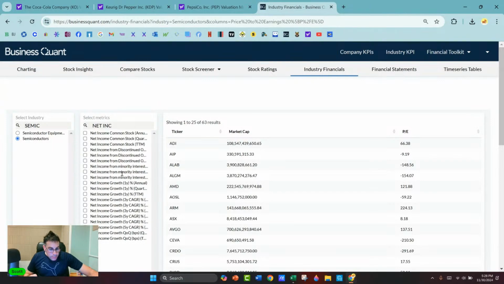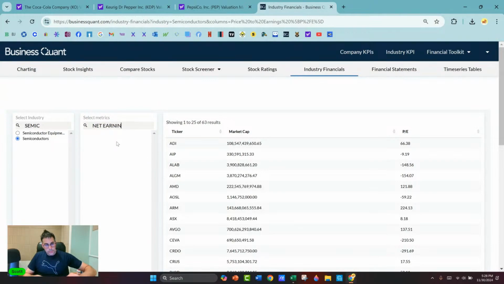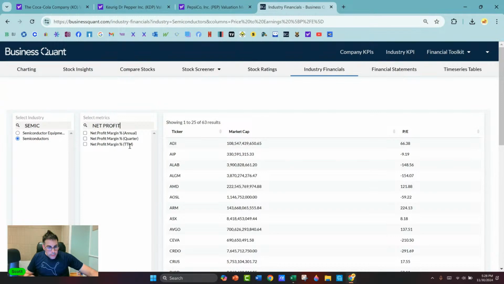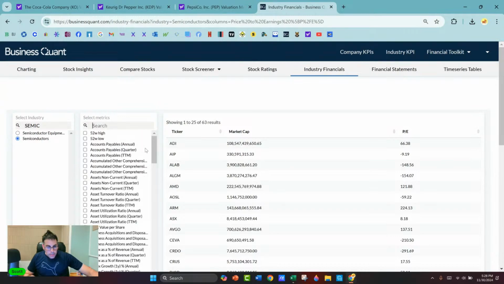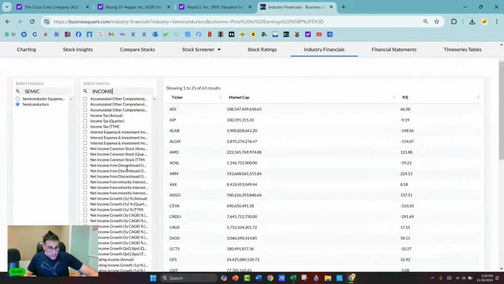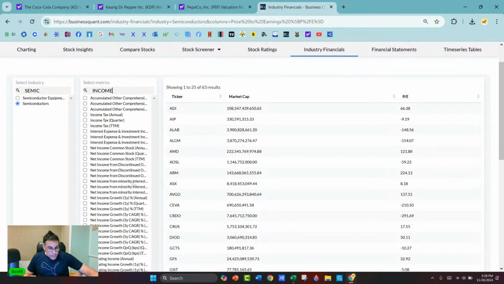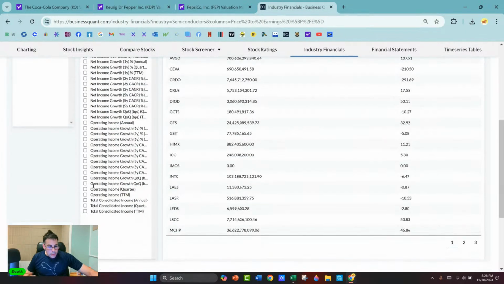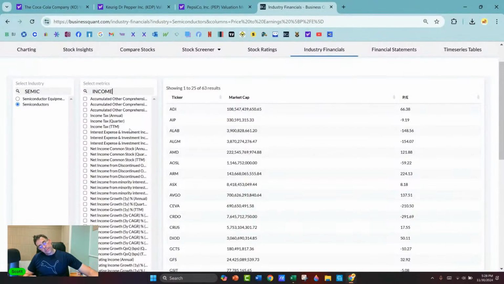Net income. I understand why it doesn't have it.